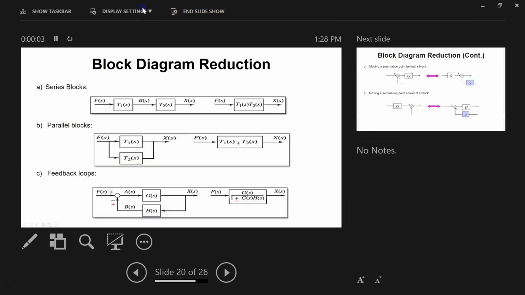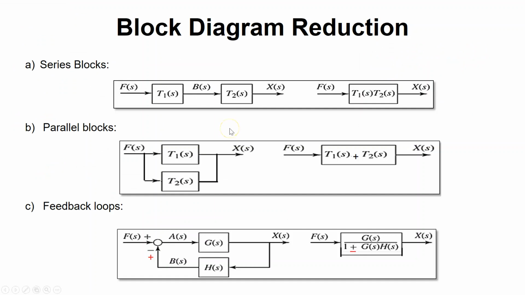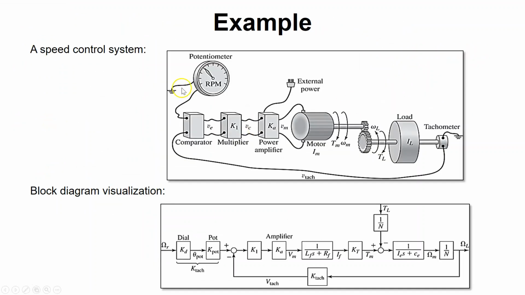So let's talk about this. What do I have here? This is a system that is going to control the RPM, the angular velocity of a load. So what you do here is, through a potentiometer, a pot, you set the RPM at which you want this load, which is rotated by the motor, to spin, okay?